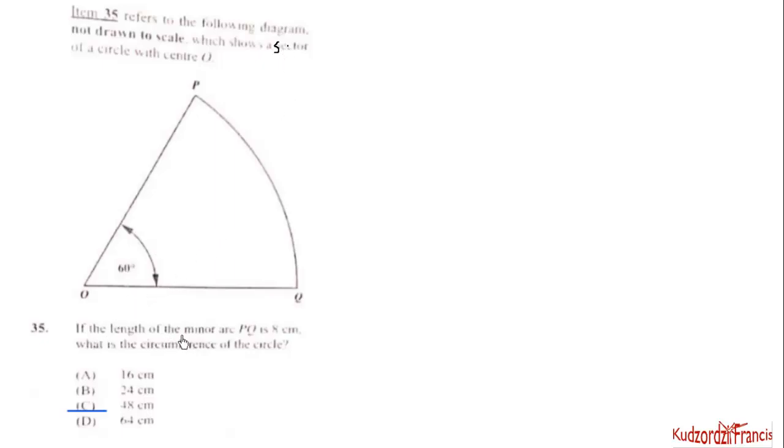Now, the length of this minor arc PQ is 8 centimeters. What is the circumference of the circle? So we know that the length of an arc is given by L equals central angle over 360 degrees times circumference.